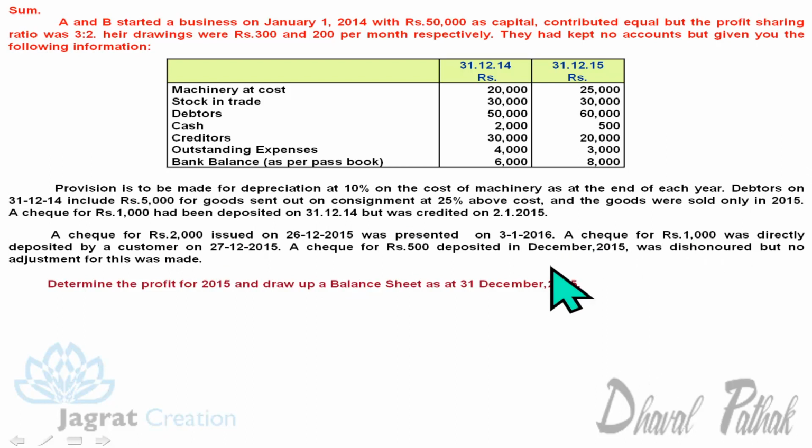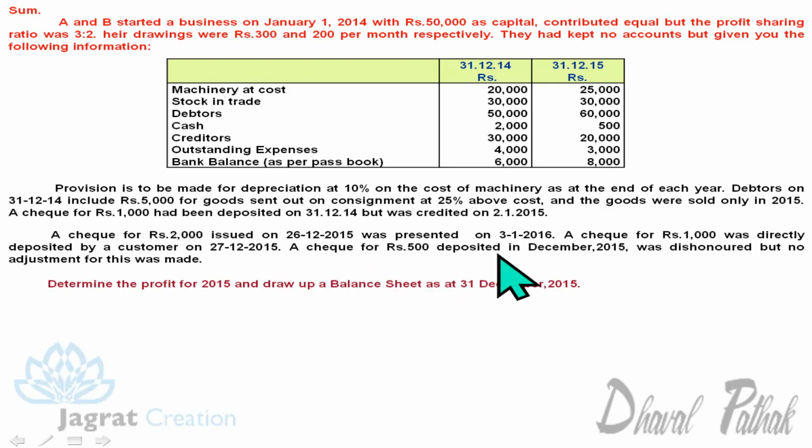A check of 1,000 was directly deposited by the customer on 27th December 2015. The direct deposit by the customer was already recorded by the bank, and the balance as per passbook is given, so in 8,000, 1,000 is already included. But the direct deposit is not recorded in the books of accounts. So the debtors balance of 6,000 will go down by 1,000 rupees.